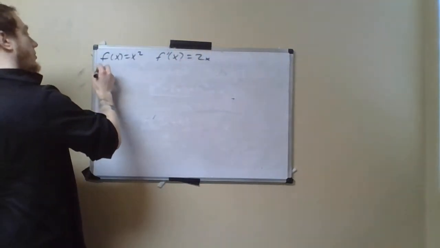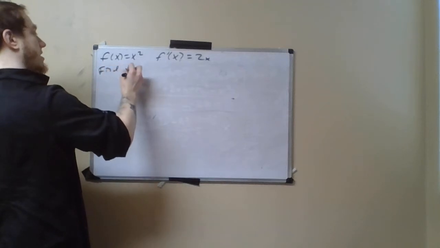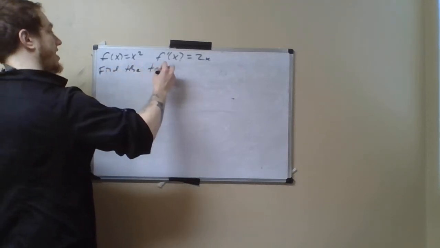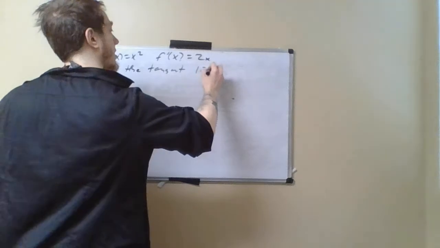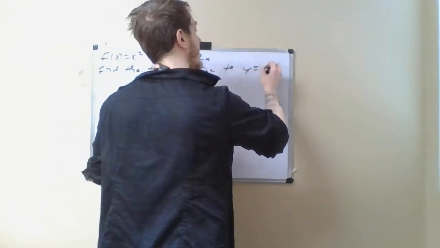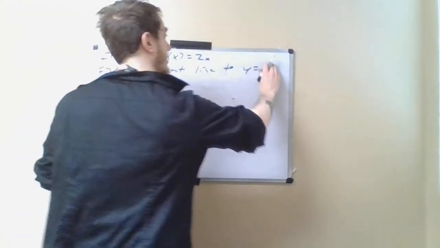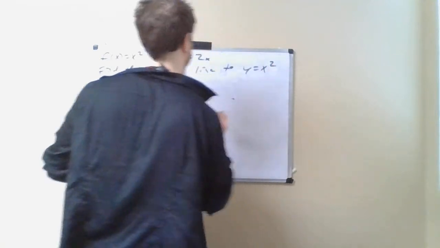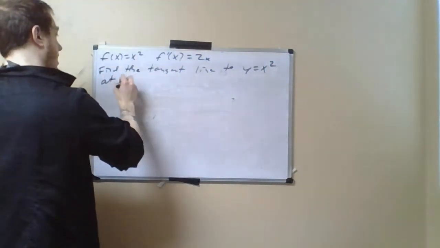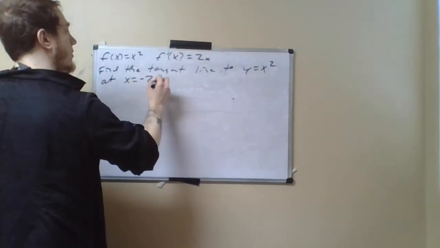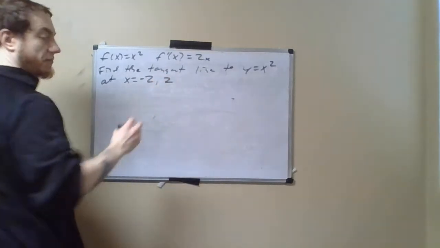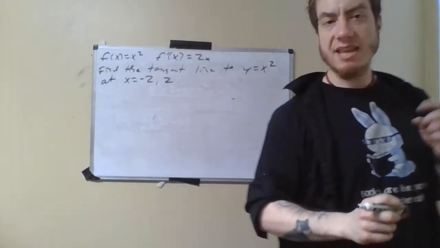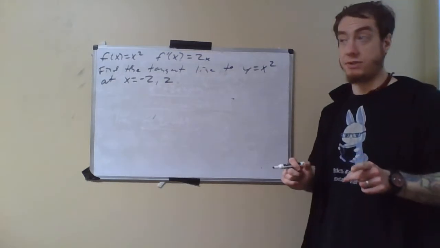And now, let's suppose that I want to find the tangent line to y equals x squared at x equals minus 2 and at x equals positive 2. So I want to find these tangent lines at two different points.